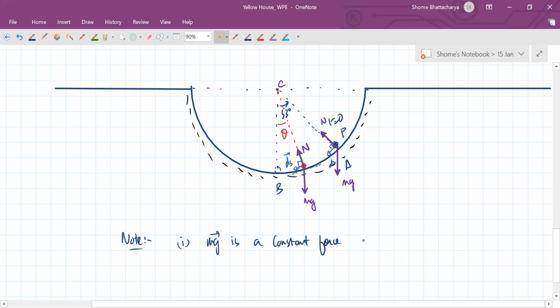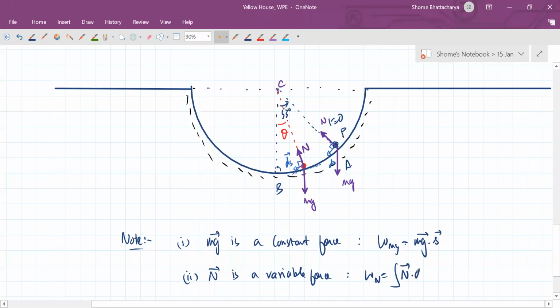So work done by mg we can calculate by the dot product method. But normal reaction is a variable force. So work done by normal reaction has to be calculated by integration of normal reaction's dot product with displacement.